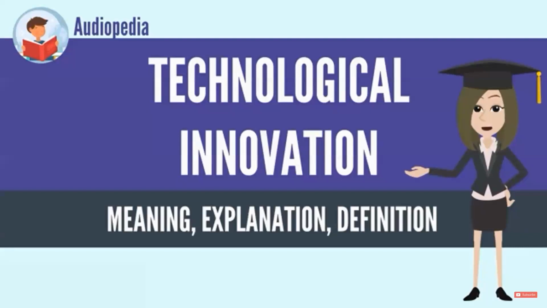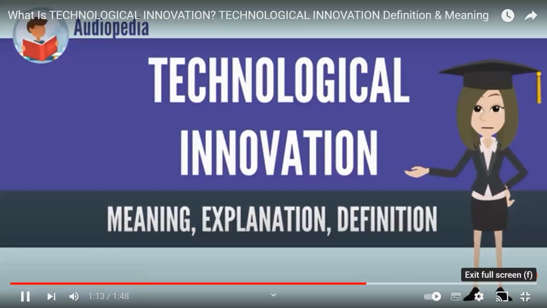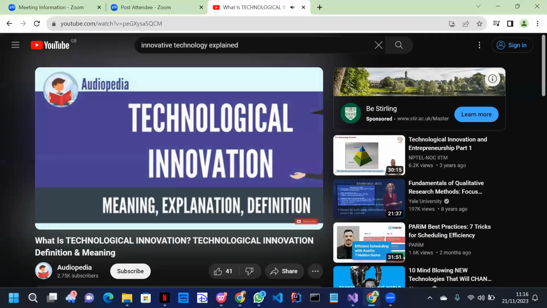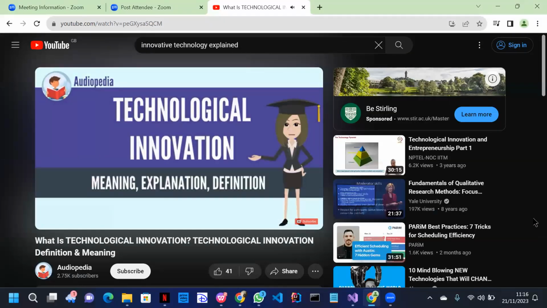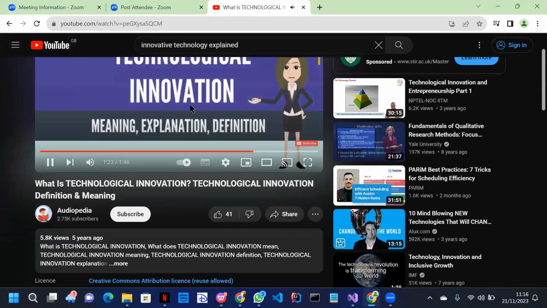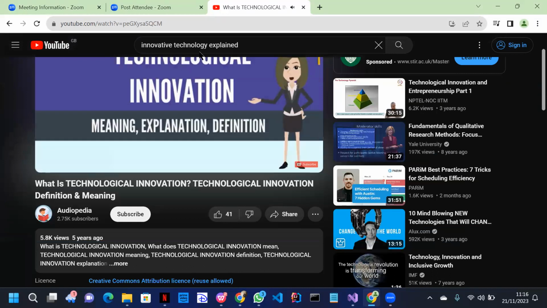The wording technological innovation is preferred to technology innovation. Technology innovation gives a sense of working on technology for the sake of technology. Technological innovation better reflects the business consideration of improving business value by working on technological aspects of the product.